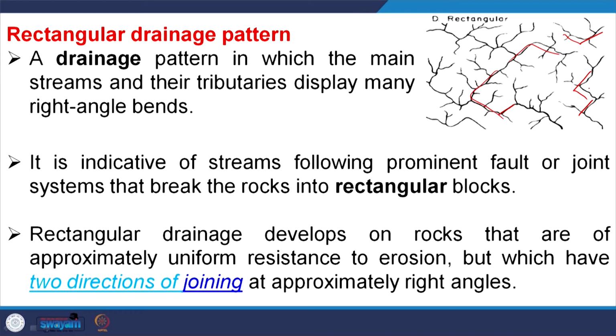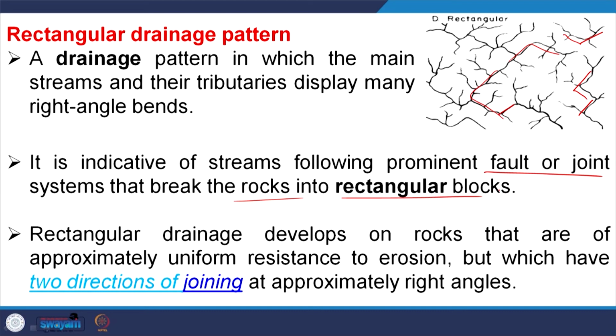It is a drainage pattern in which the main streams and their tributaries display many right angle bends. This is indicative of streams flowing along prominent fault or joint systems that break the rock into rectangular blocks. So, either two different sets of faults or two different sets of joints perpendicular to each other will accommodate this type of drainage pattern.